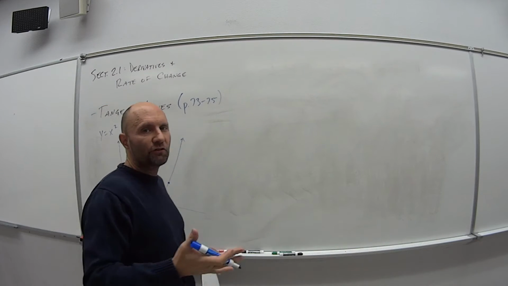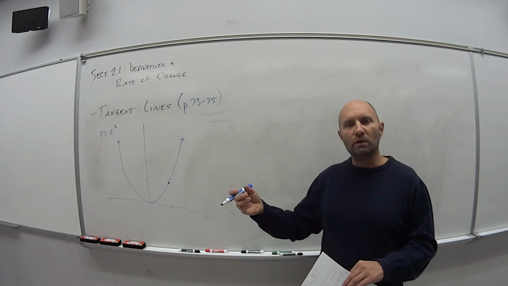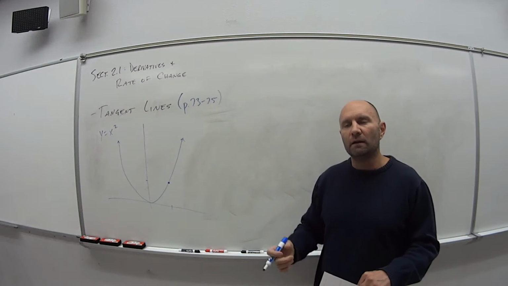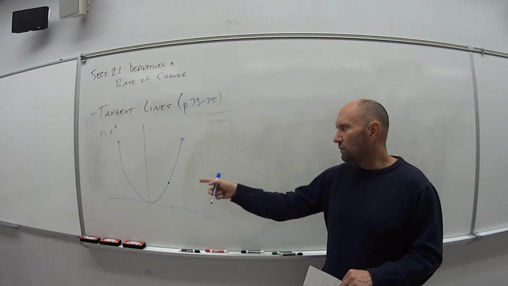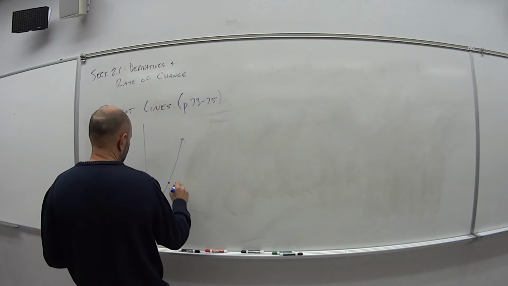And then it would have given us some other point. Once we had that other point, we could use the slope formula to find the slope of that line, and then use the point slope formula using the point that we're given, in this case (1, 1).